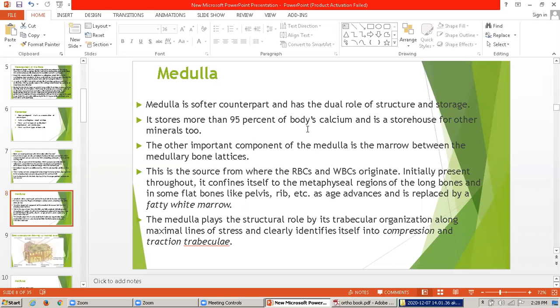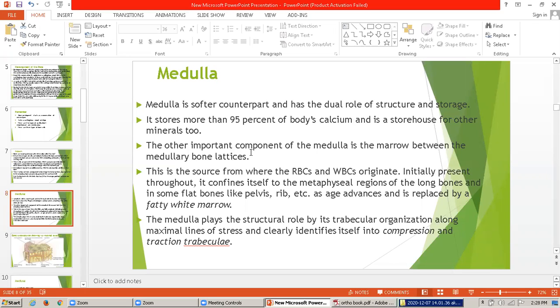It stores 95% of the body calcium. So remember that 95% of the body calcium is stored in the medulla of a bone. It is the main storehouse of the calcium as well as the minerals.